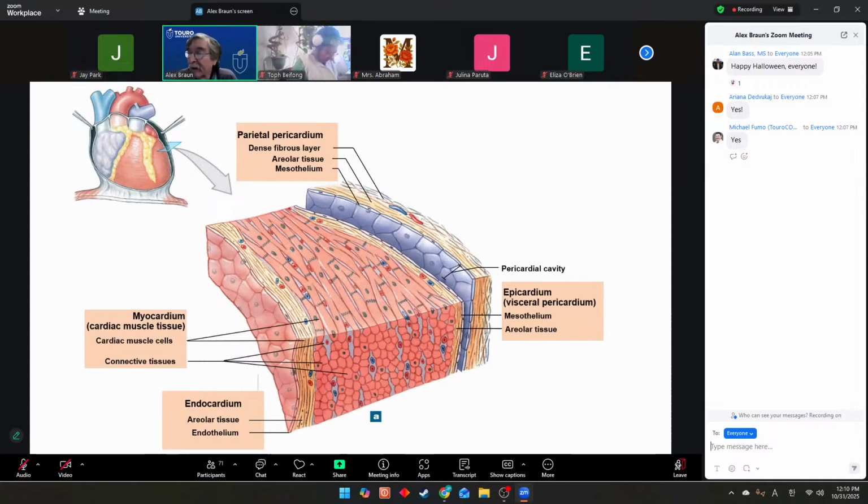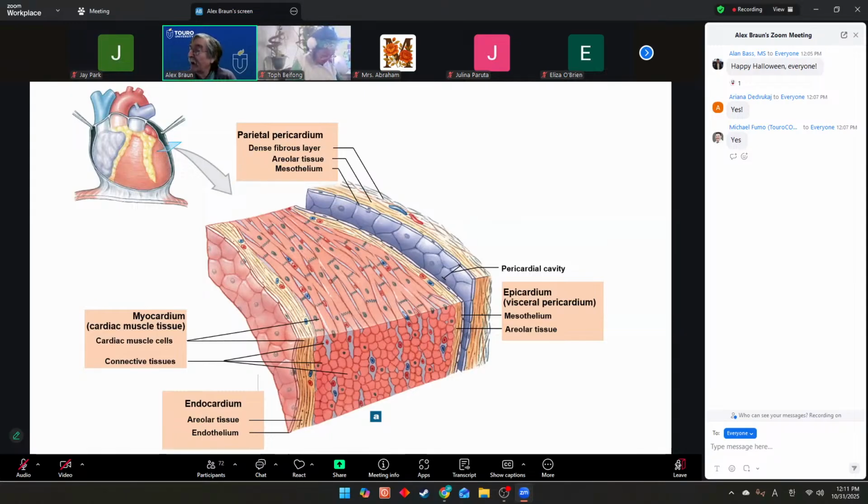The mesothelial cells of the pericardial sac and the endothelial cells of the heart that face the blood, since they're epithelial cells, lie upon a basal lamina, and that basal lamina lies upon at least a thin layer of connective tissue. So just like other epithelia of the body, wherever you find epithelia, generally speaking, the epithelium will lie upon a basal lamina, which will lie upon a supporting connective tissue.